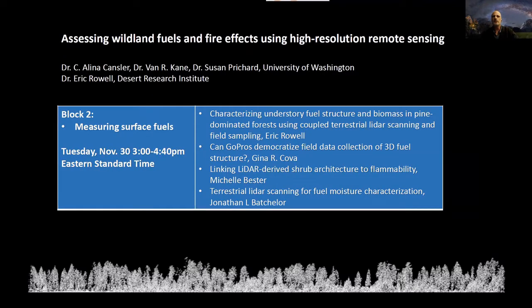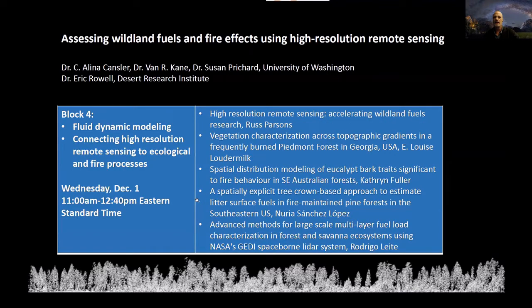So first of all, let's just look at the different blocks. This, of course, is block 2. This is the session we're in now. And other than my talk, the unifying theme of the talks in this session is using high resolution remote sensing to measure surface fuels.